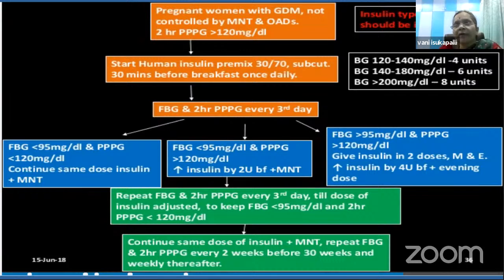If the woman opts for a medical termination of pregnancy, she will go ahead. Or if she wants to continue, we need to have a thorough anomaly scan and the other investigations to see whether the fetus is normal or abnormal, and then proceed with the further management of the pregnancy.